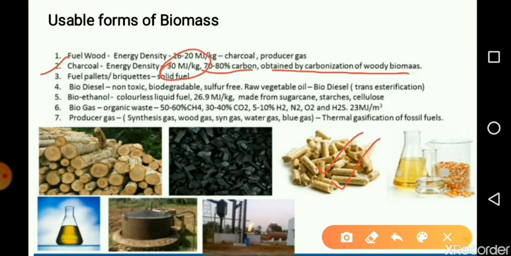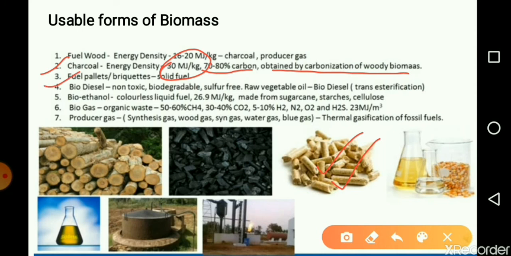These pellets have somewhat higher energy density as compared to the raw biomass, and in modern chullas we use them as solid fuels for heating applications. We are going to discuss briquettes and pelletization in detail in the upcoming lectures.